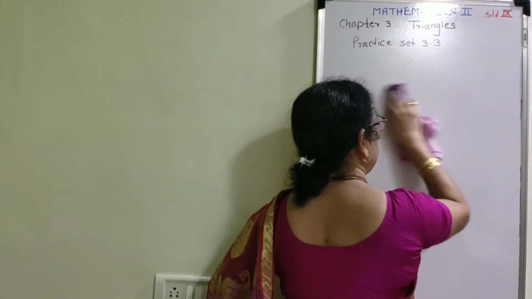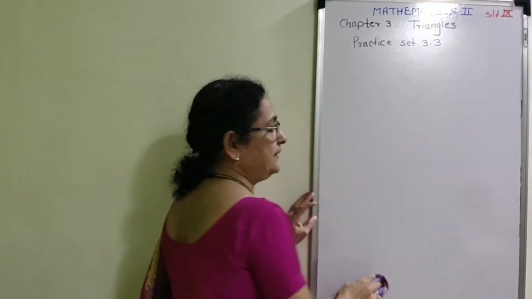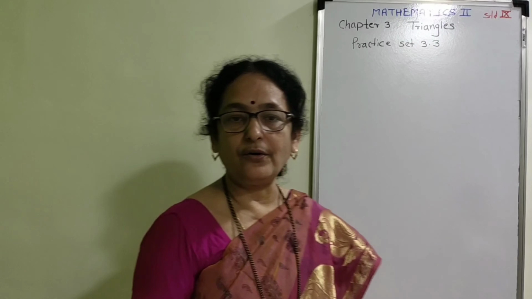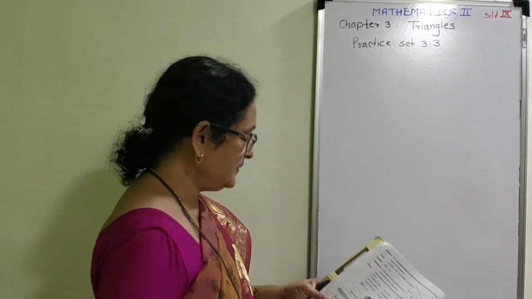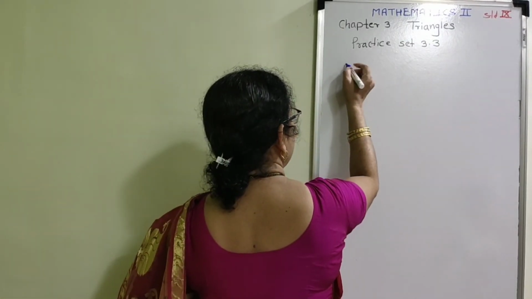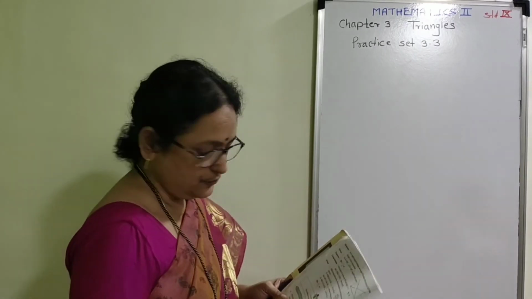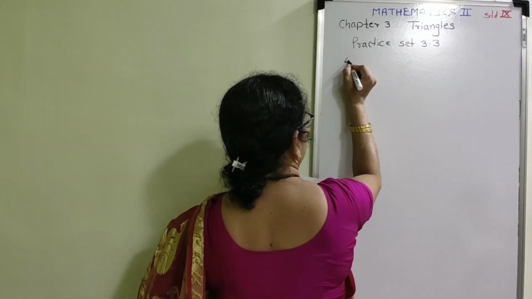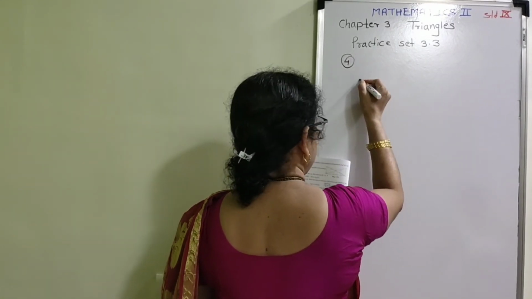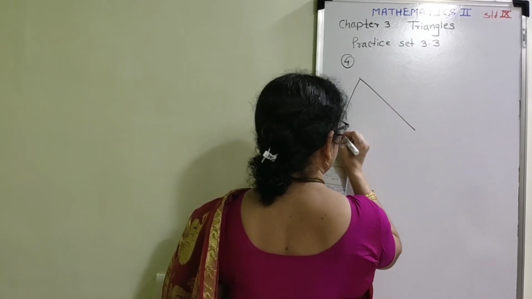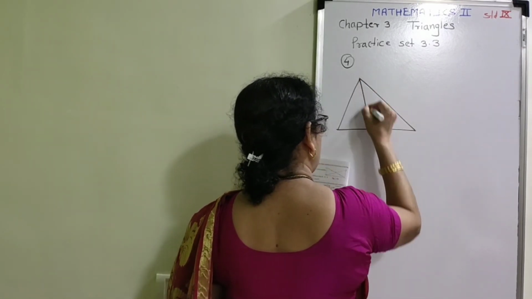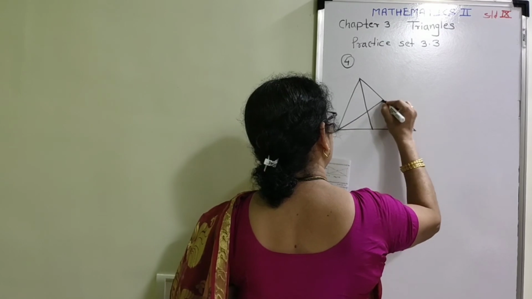Now the fourth example depends upon the property of the centroid, which divides the given medians in the ratio 2:1. A triangle PQR is given. In this triangle, all three medians are drawn.